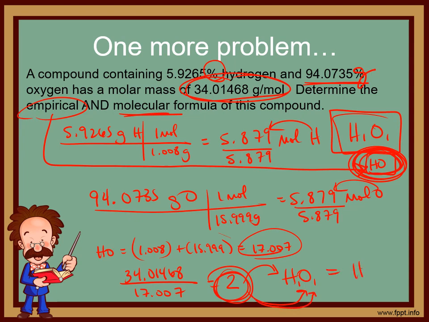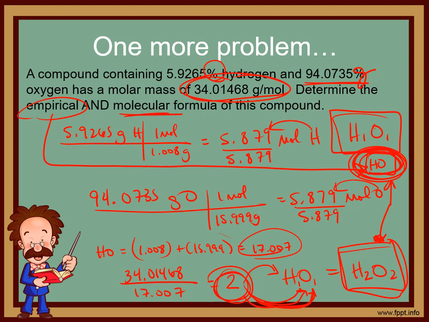And that's going to give us H2, 1 times 2, O2, 1 times 2. This is the molecular formula, H2O2. This is hydrogen peroxide.